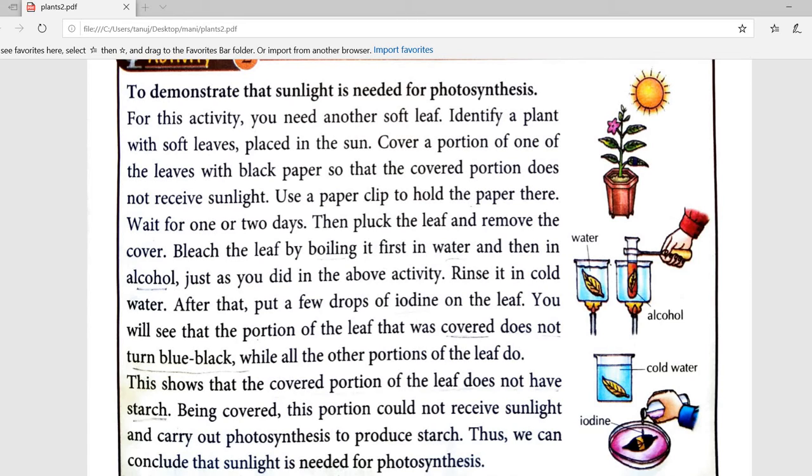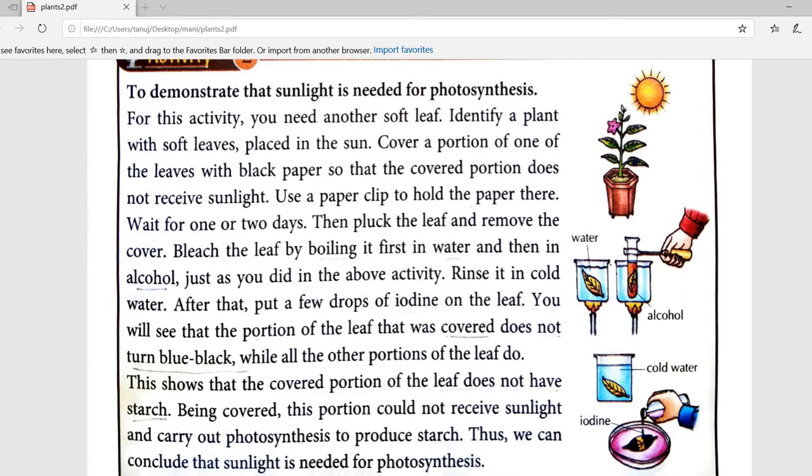In most plants, the process of photosynthesis goes on in the leaves, because the leaves have green color, meaning chlorophyll is present in the leaf. So preparation of food goes on in the leaf. But some plants, as we learned just now, do not have leaves, like cactus.